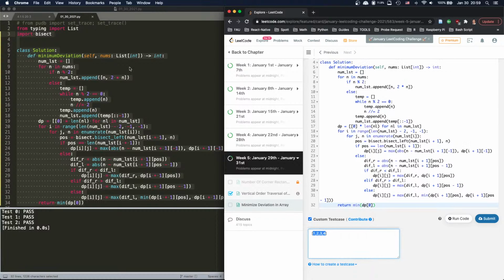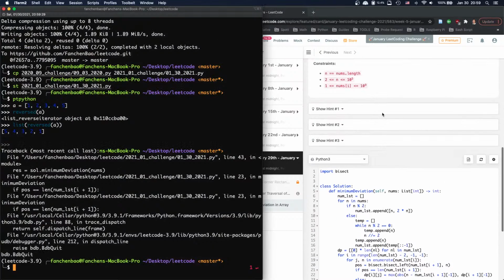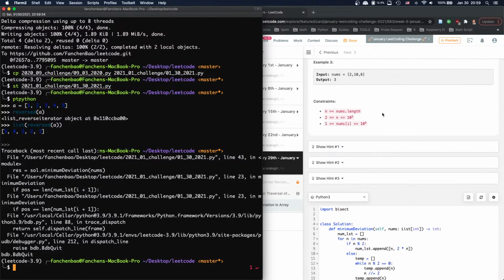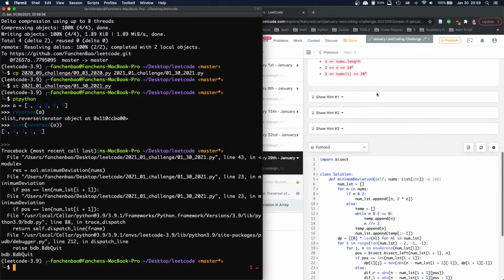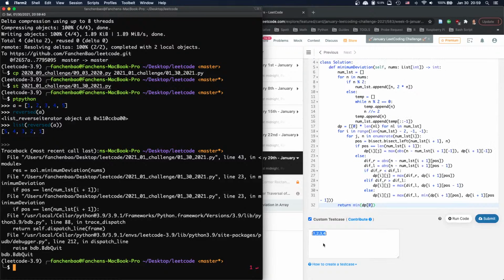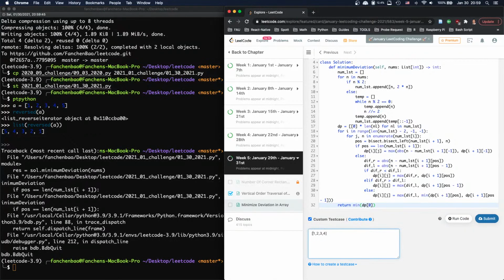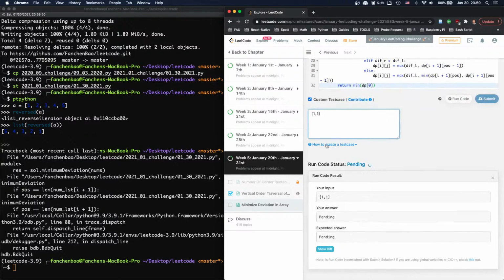Give me some. And it is at least 2 numbers, so that's just a 2. Can I do 1, 1? Like the edge of the edge case. Okay. 2, 1.